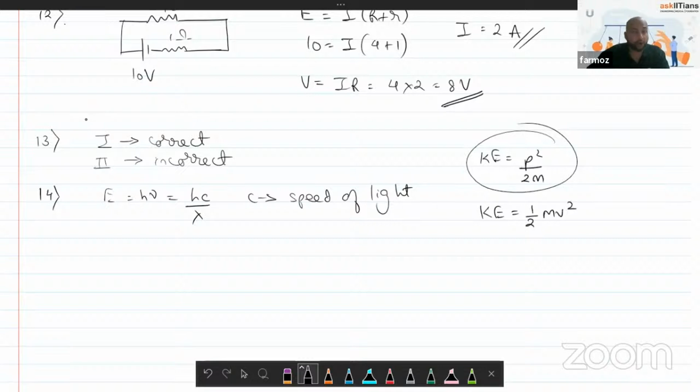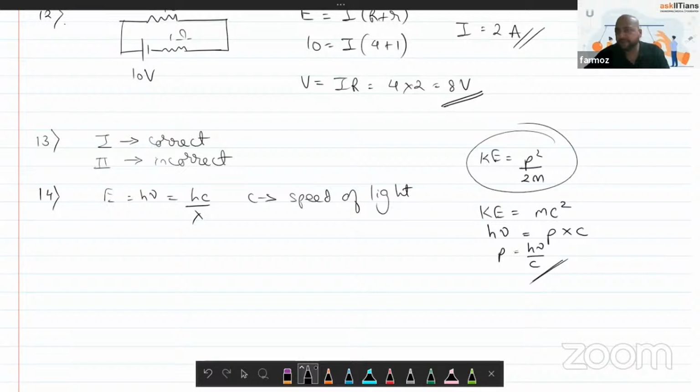Or in the case of a photon, this can be written as mc square. So basically, mc is the momentum and c remains. And in place of energy, I can write h nu. So your momentum becomes h nu by c. So obviously, c is also correct.